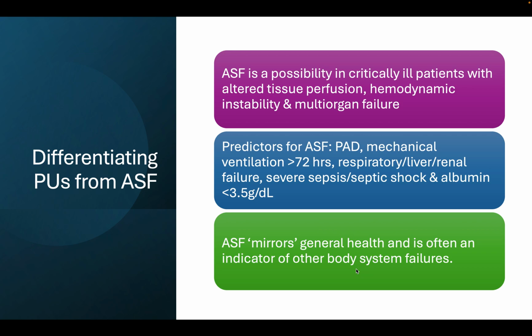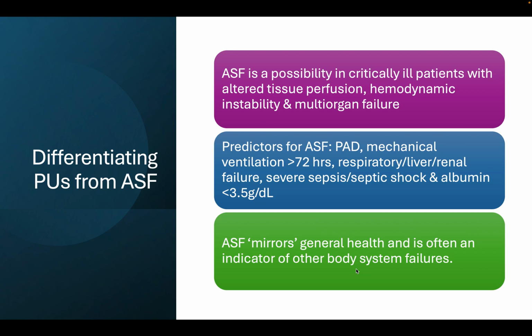So we're going to differentiate between pressure ulcers and acute skin failure. Acute skin failure is a possibility in critically ill patients with altered tissue perfusion, hemodynamic instability, and organ failure. Predictors for acute skin failure: PAD, mechanical ventilation greater than 72 hours, respiratory, liver, or renal failure, severe sepsis and septic shock, or albumin of less than 3.5 grams per dL.